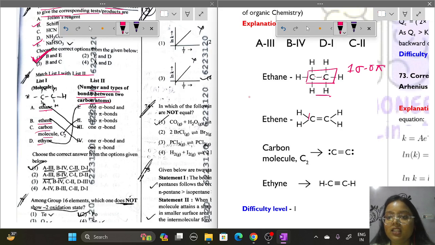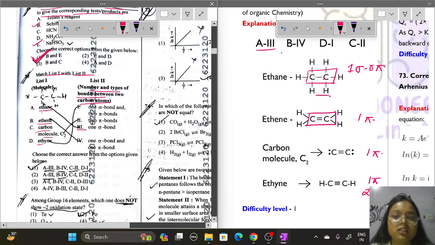For ethene, the carbon-carbon bond will have 1 pi bond. For the carbon molecule C2, it is 1 pi bond. And for ethyne, it will have 1 pi bond and 2 sigma bonds. So for option A, the third one is correct, 1 sigma bond.